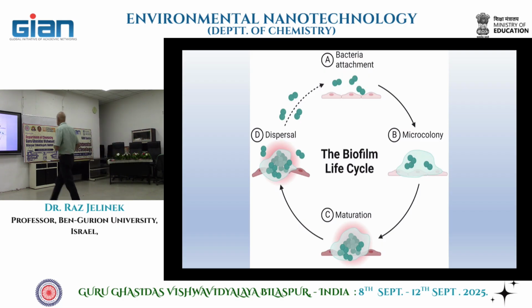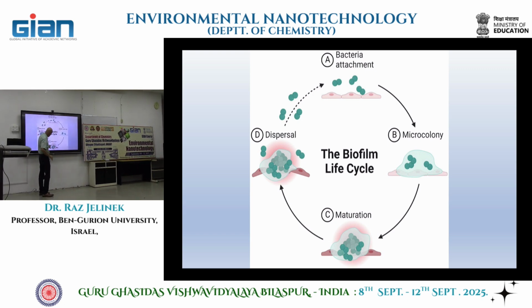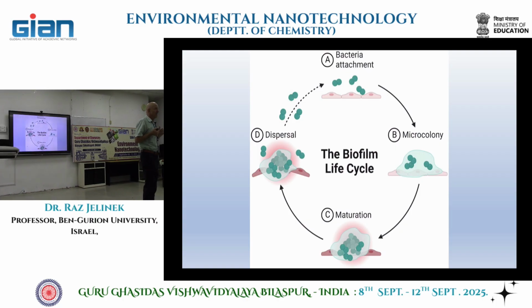What they do, they have this shield that they build around themselves. Now this shield is made of very strong proteins and sugars. So when you have this shield, this biofilm, the bacteria is sitting inside this shield, and nothing goes in, and the bacteria are happy.